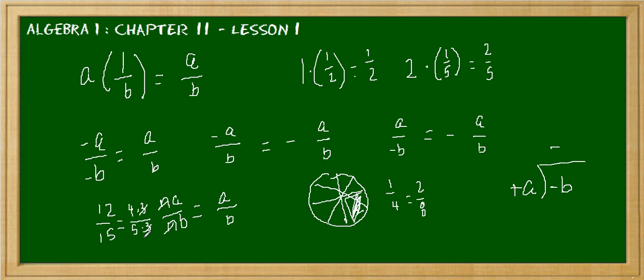So let's continue reading. It also follows from this equation that we can divide the numerator and denominator of a fraction by the same number other than 0, okay? If a number is a factor of both the numerator and denominator of a fraction, this procedure is called reducing the fraction to lower terms, and that's basically what we just did here with 12/15ths.